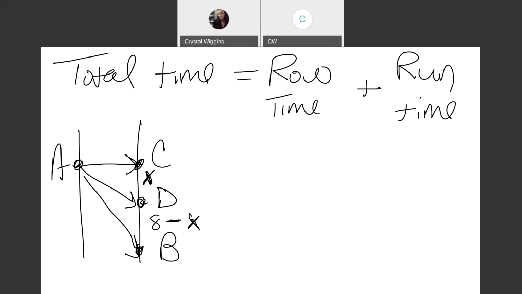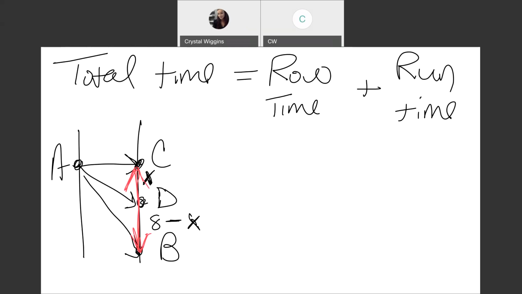Now, if you look at it, D is supposed to be any point. So that means it can be anywhere on this 8-kilometer stretch. So if x is 0, that means D is C. And if x is 8, that means D is B. So essentially, if we just focus on D, we can accommodate all three scenarios by letting x be different values.